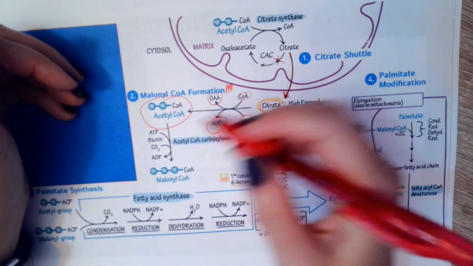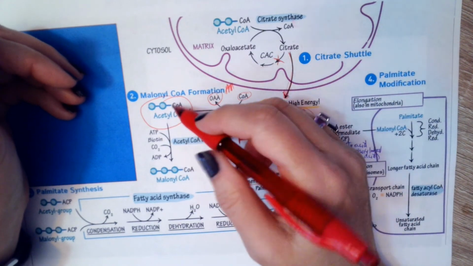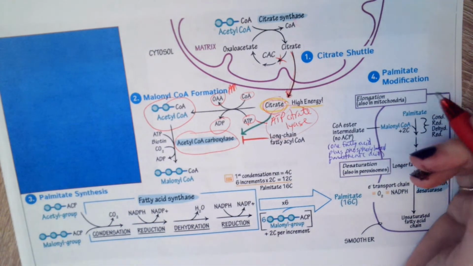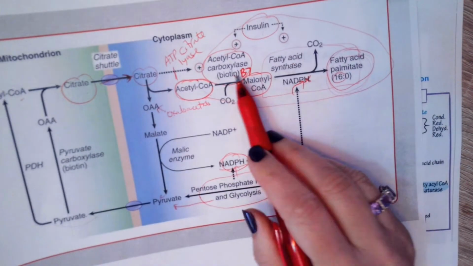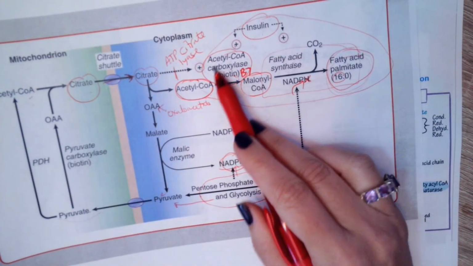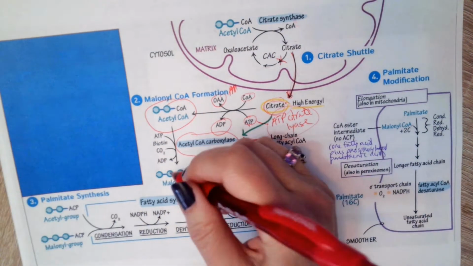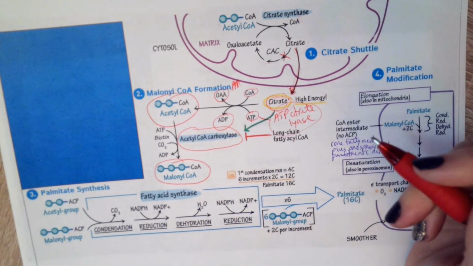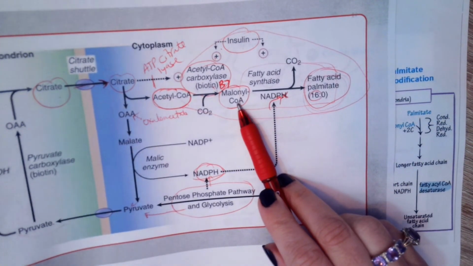Okay, so then we're going to convert the acetyl-CoA using this enzyme, acetyl-CoA carboxylase. So that should look familiar from here. So acetyl-CoA carboxylase that was stimulated by insulin, and that is going to give us our product of malonyl-CoA. So that is where we are right here.